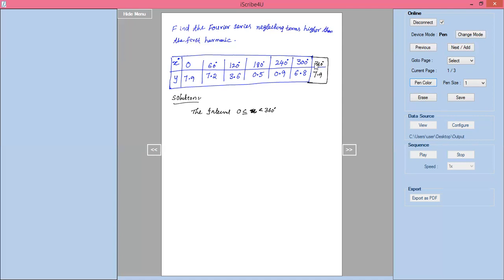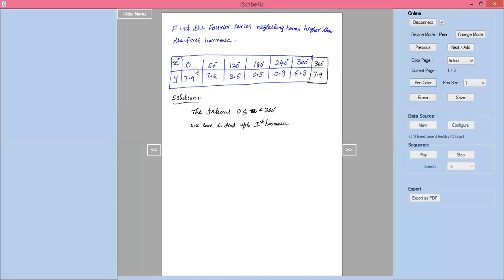That's why I have given this one in black color. If you consider 0, you should not consider 360. If you consider 360, you should not consider 0. Now, not more than the first harmonic means we have to find up to the first harmonic.